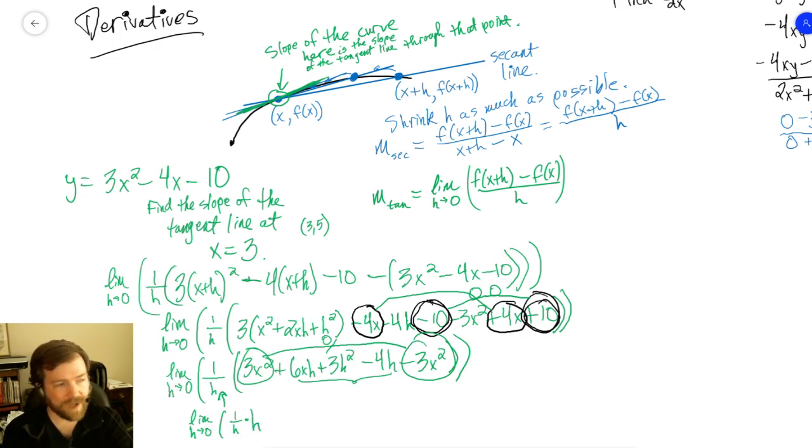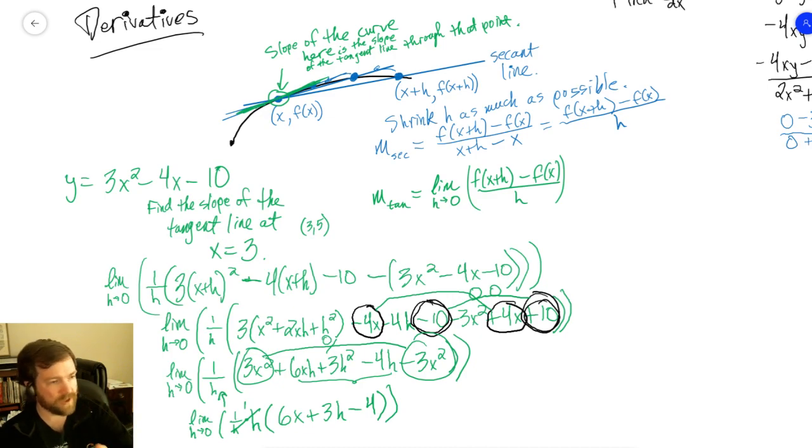We're going to factor out an h, and we're going to be left with 6x plus 3h minus 4. Then that means here h divided by h is going to be 1. Right? This is a number, h, and its multiplicative inverse, 1 over h. So when you multiply those two numbers together, by definition, it becomes 1. So that's gone now. And now we have just this stuff, 6x plus 3h minus 4.